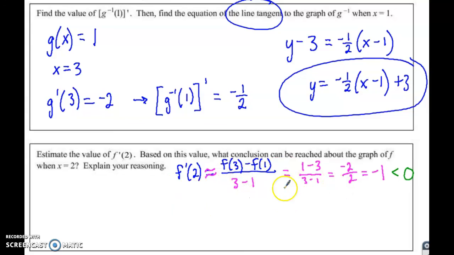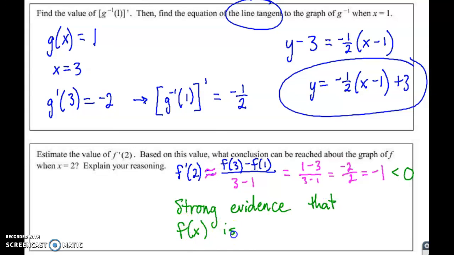Because what we found is the secant line, and the secant line doesn't always give us the best picture. So the best answer I could get is there's strong evidence that this is decreasing. I know I'm sounding like a stats teacher right now. That f of x is decreasing at x equals 2. Sorry about that.